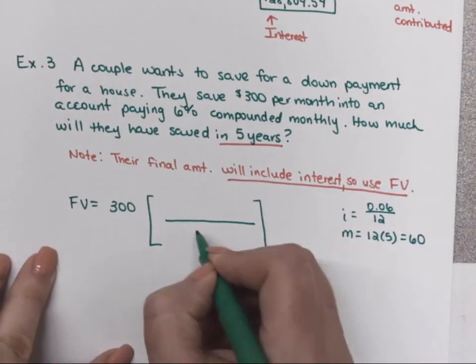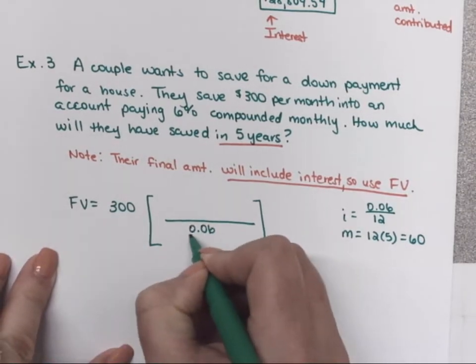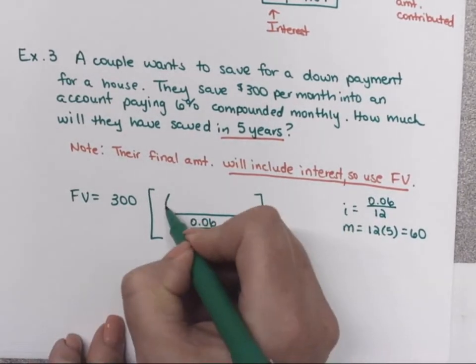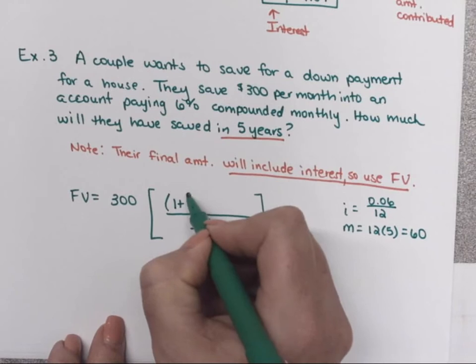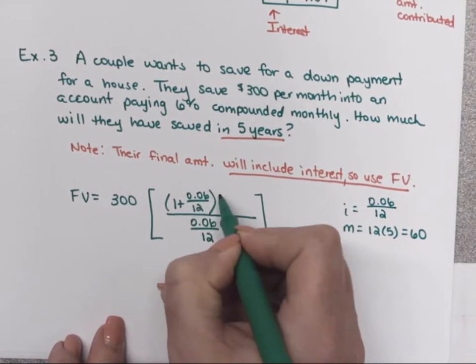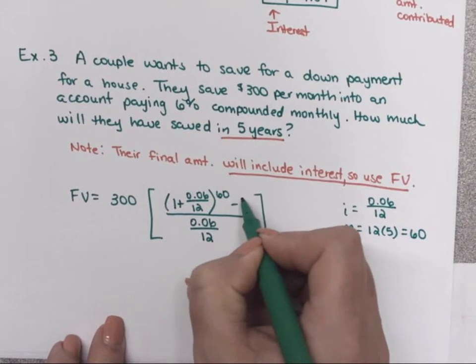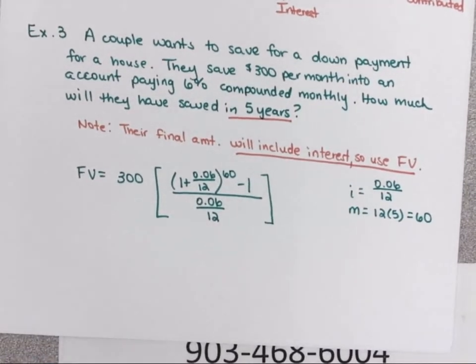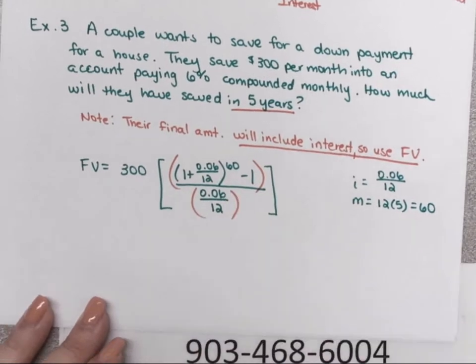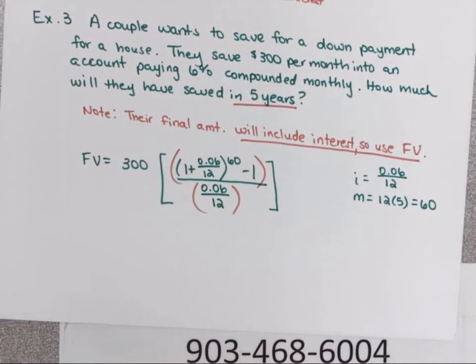So I just always leave it as a fraction, but if you really hate that, you can change it if you wish. And then remember the formula is 1 plus that interest I amount raised to the number of payments power and then minus 1. And then again, we're going to insert our own set of parentheses around the top and the bottom so that it does it correctly.